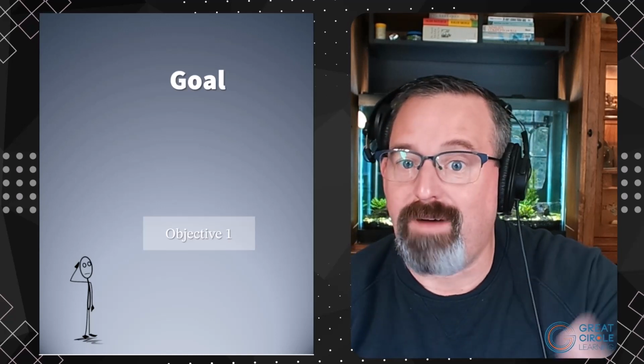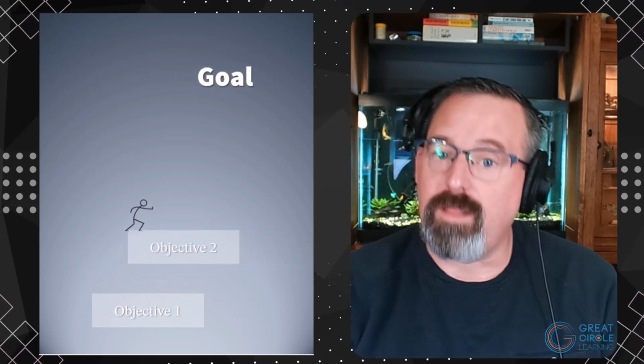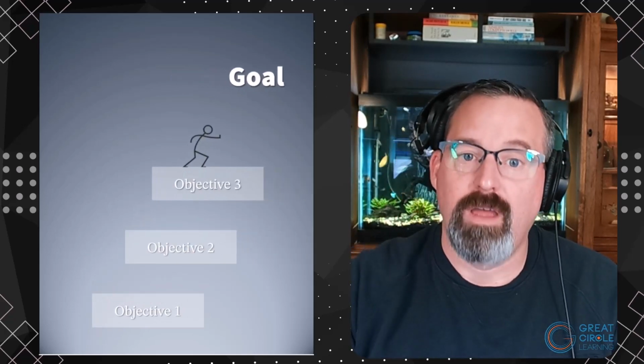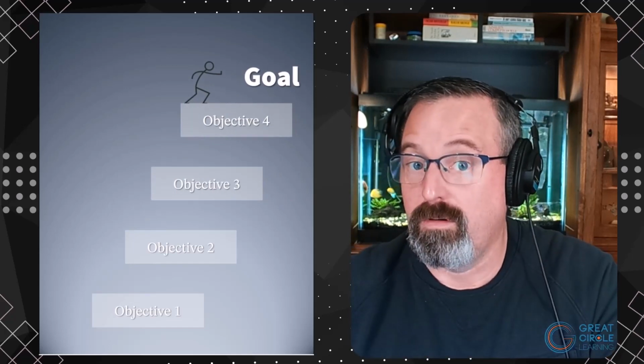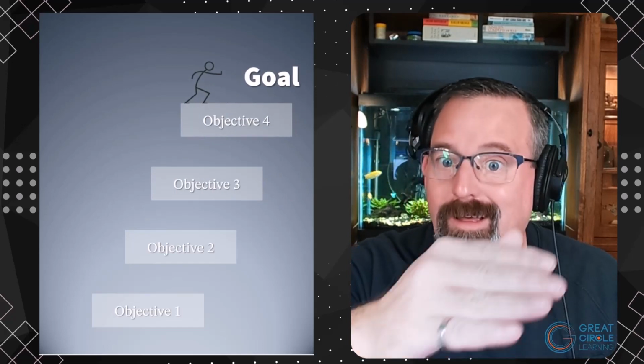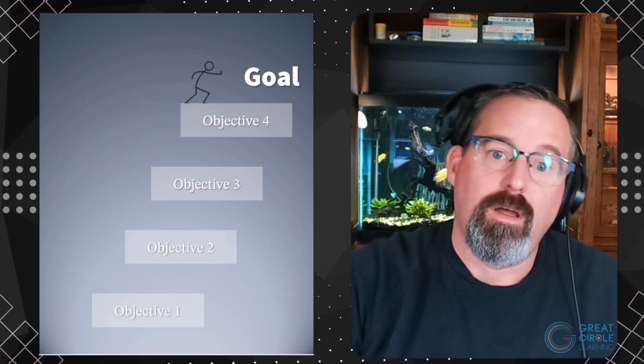As we define objectives, the learner is able to start working their way through them and eventually get to the goal of the course, or maybe it's the facilitator leading the learners through those objectives, getting them towards the goal, where ultimately everyone's able to find success.